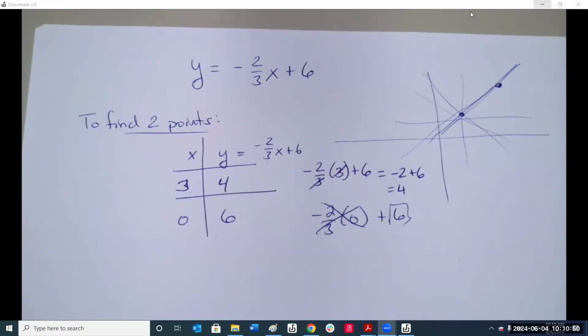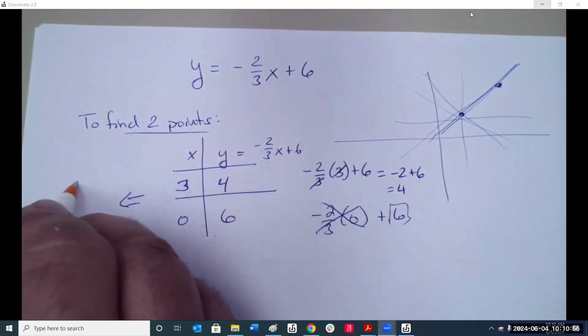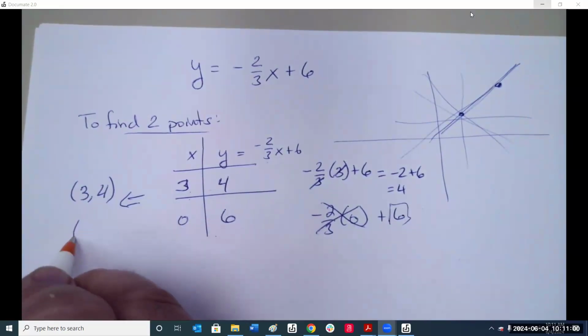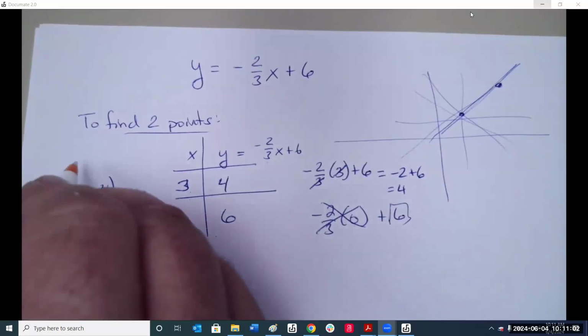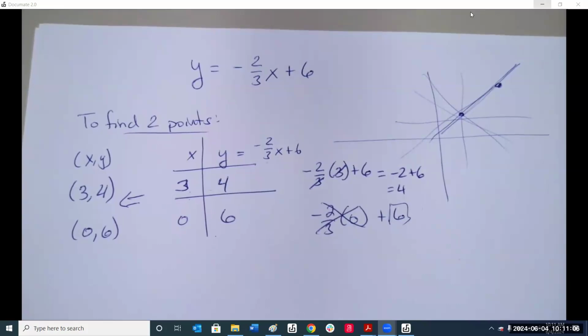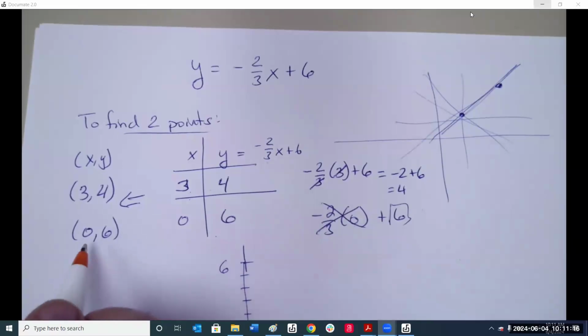So do we have our 2 points? Our 2 points are 3, 4 and 0, 6. Remember, a point is the x and y component. So we have a point at 0, 6.